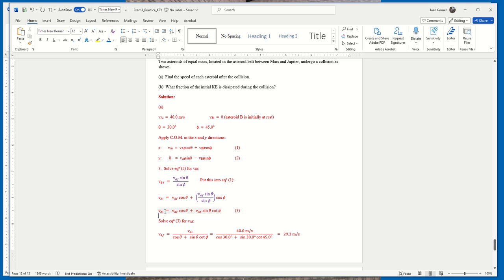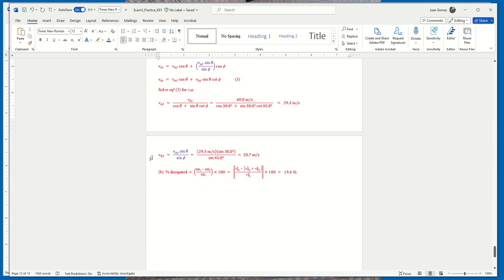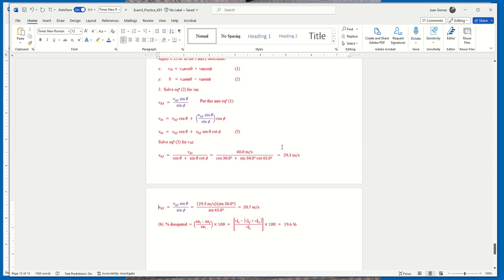Solve this for VAF and you get this expression here. Plug in the numbers and you get VAF is 29.3 meters per second. Then, once you know VAF, you can use equation 2 to get VBF. We solved for VBF, so once you get VAF, you put it into that expression and get VBF.